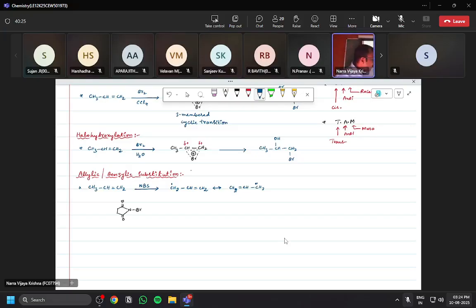Or this pi bond undergoes homolytic cleavage. One radical there, one radical there. Between these two radicals, bond formation. Right? So radical rearrangement may occur. Because of the pi bond, this leads to formation of CH2Br, CH double bond CH2.